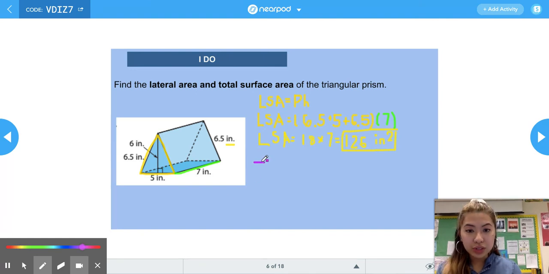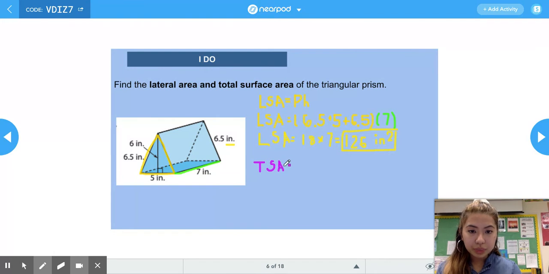Moving on to the total surface area, which I'm going to use TSA to represent, is equal to PH plus 2 times big B. So again, this total surface area includes the lateral surface area. So my lateral surface area is 126, but now we have to actually include the area of the bases.